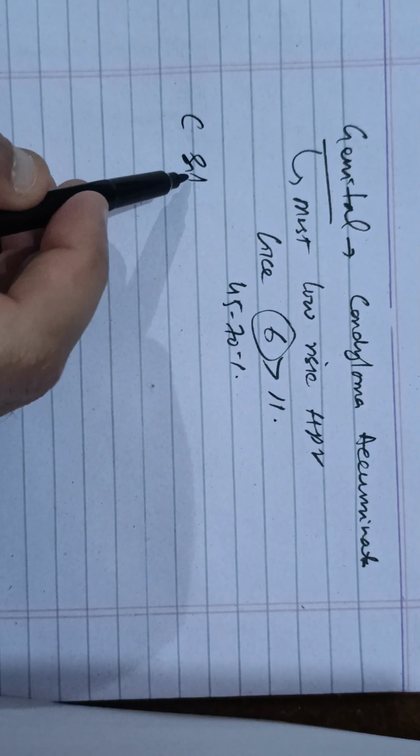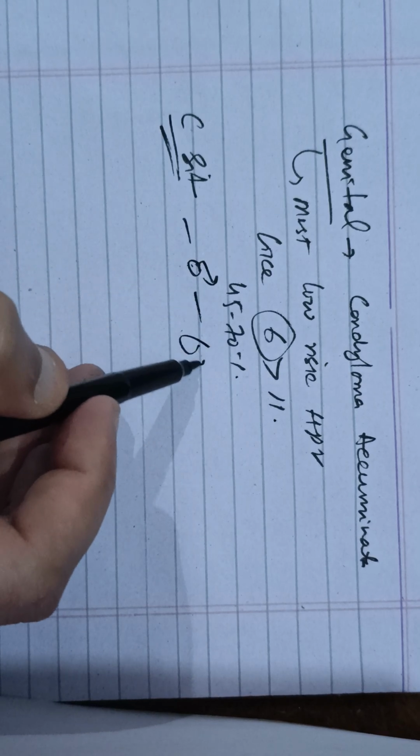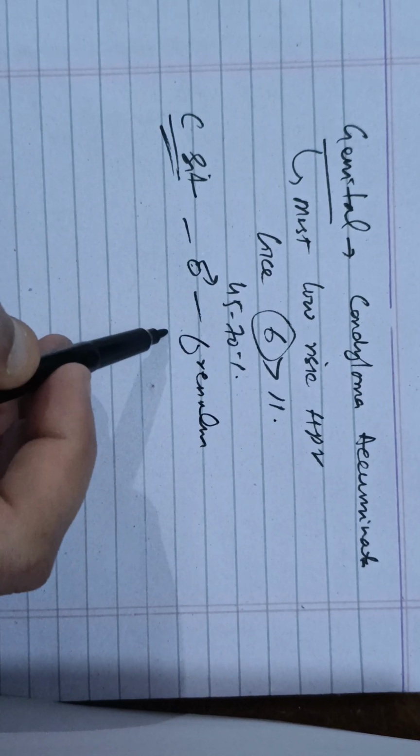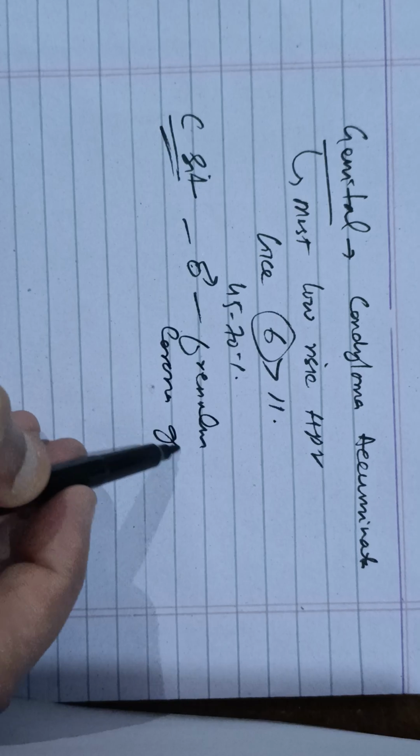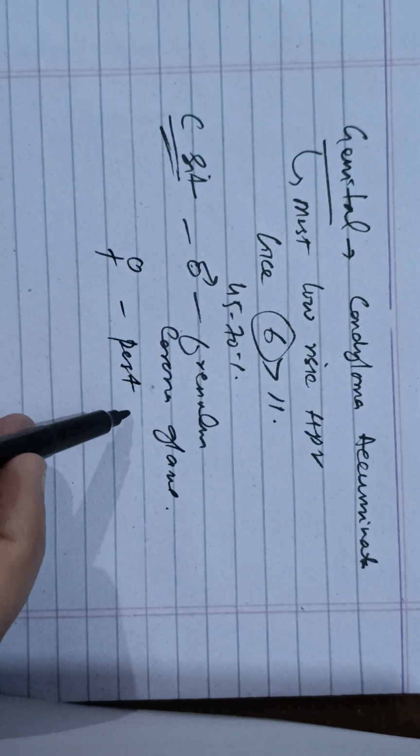The commonest sites in males are the frenulum, corona, glans, while in females the posterior forchette.